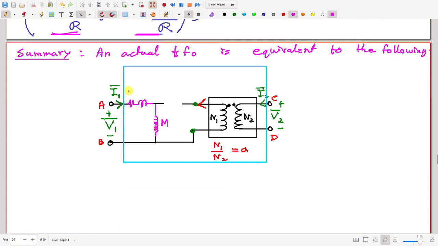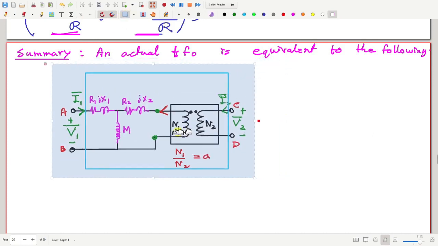So R1, and let me call it X1. Then similarly Z2 is also equivalent to one resistance together with some inductance, call it R2 and jX2.